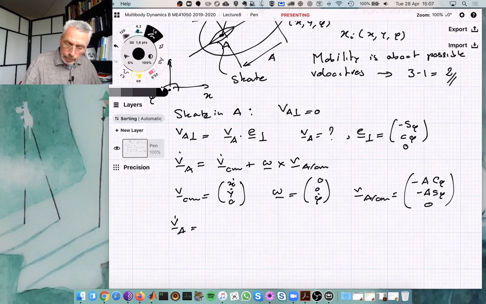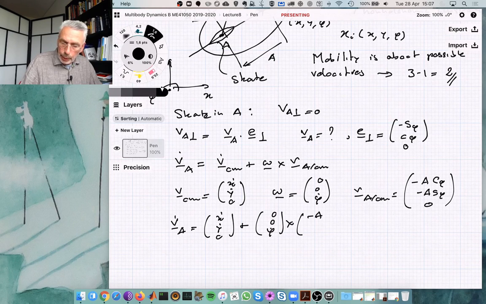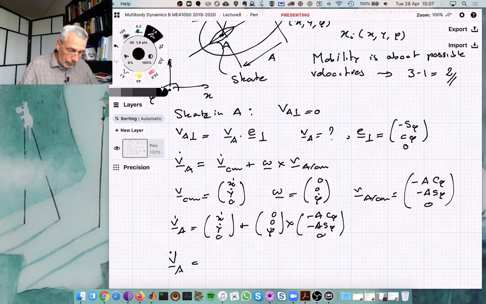of point A. So x dot, y dot, 0 dot plus 0, 0, phi dot, cross product with minus A cosine phi, minus A sine phi, 0. And the outcome of this velocity is x dot, and with the cross product, minus minus becomes plus, right?